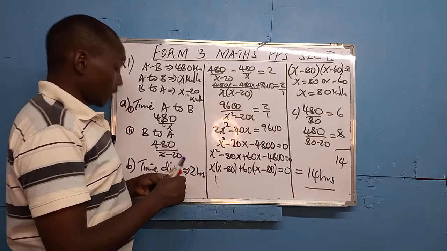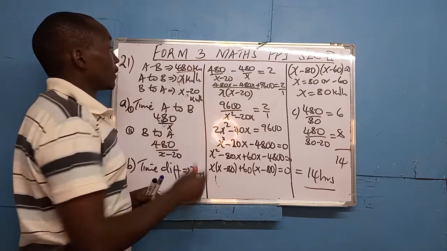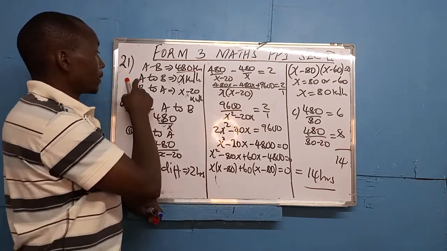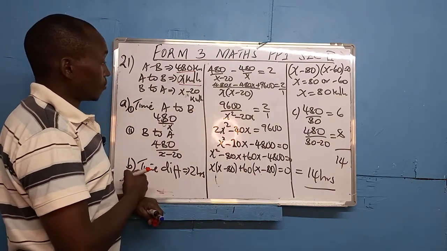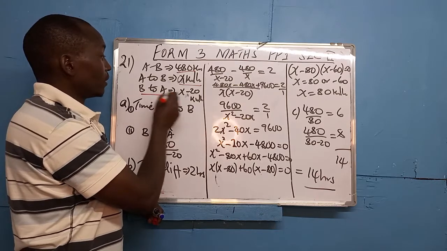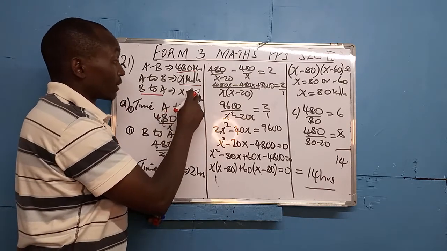You're given that the distance from A to point B is 480. There's a bus moving from A to B using x kilometers per hour. On the back journey, 20 kilometers per hour less, so it is x minus 20.